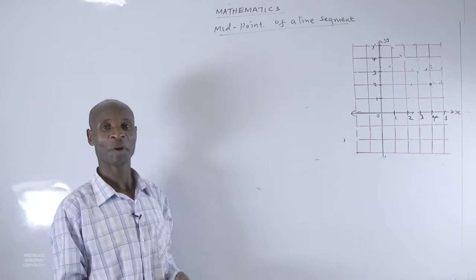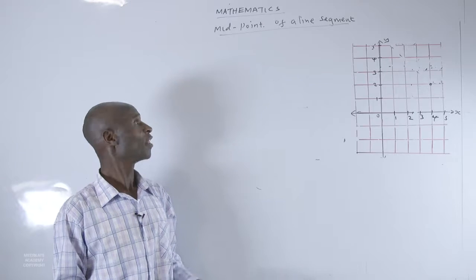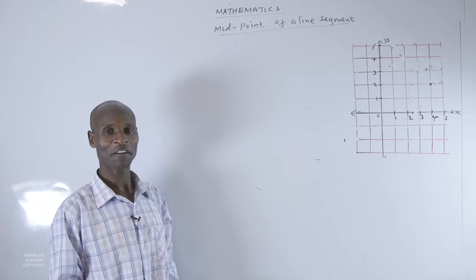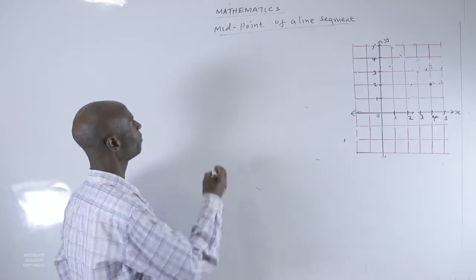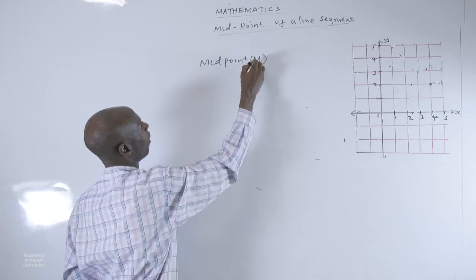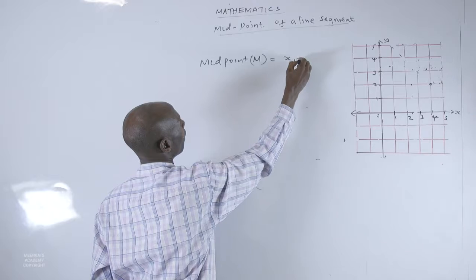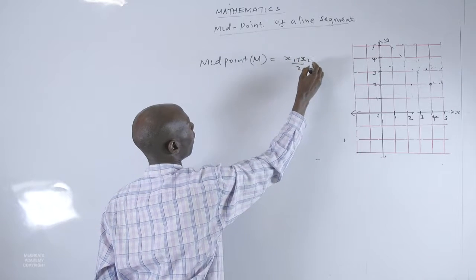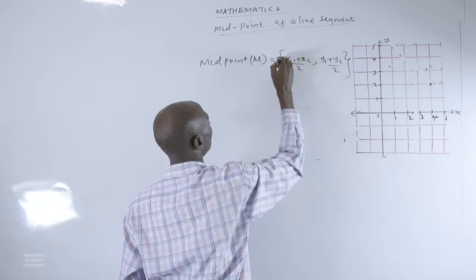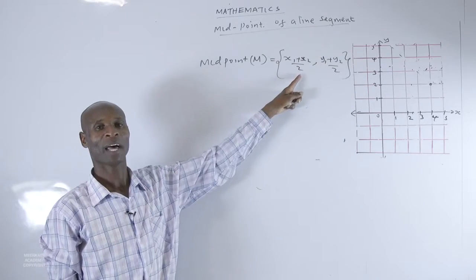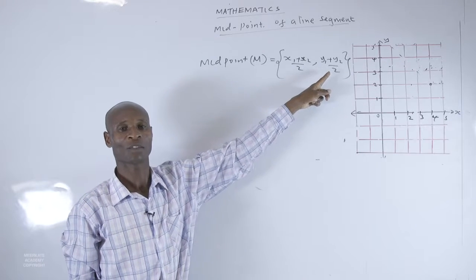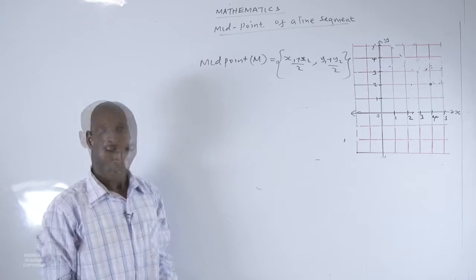Now, to find the midpoint of a line segment using calculation without necessarily drawing that line segment on the graph, we apply the formula: midpoint is x1 plus x2 divided by 2, comma, y1 plus y2 divided by 2.